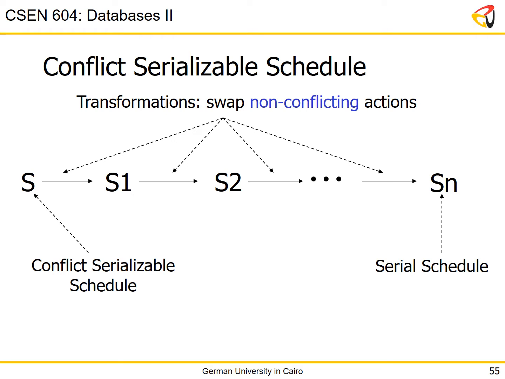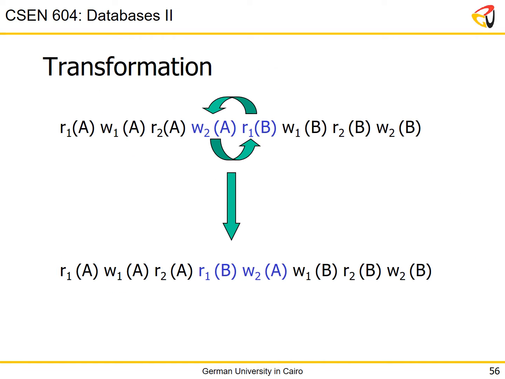So I will keep swapping them until I cannot do any further swaps. And the nice thing is, these swaps will make the schedule conflict serializable. Okay, I have here an example. So why are we explaining this now?